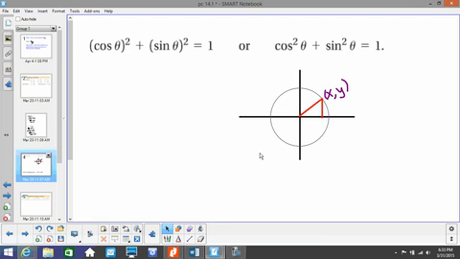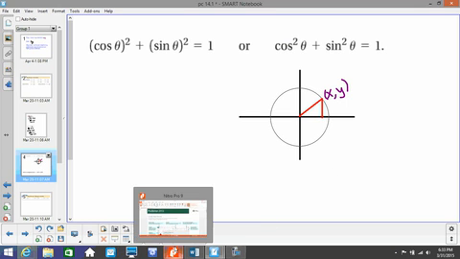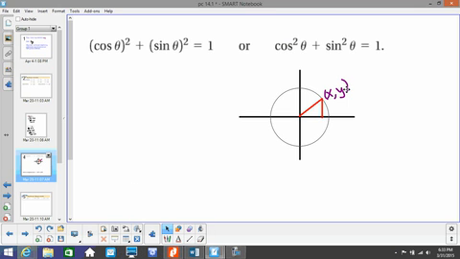I didn't put any of the measurements on there. But then I drew an angle, and I called it x and y. The ordered pair on the circle would be x and y. Well, we know cosine is the x coordinate, and we know y is our sine coordinate. So you'd have x squared plus y squared equals 1.